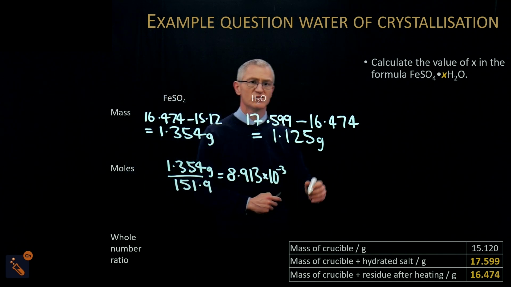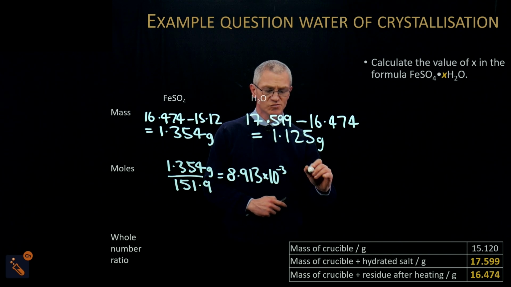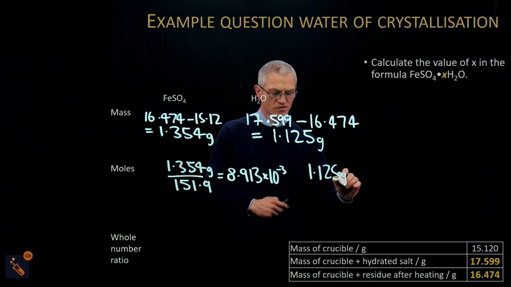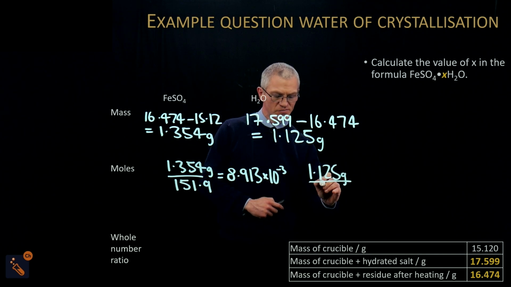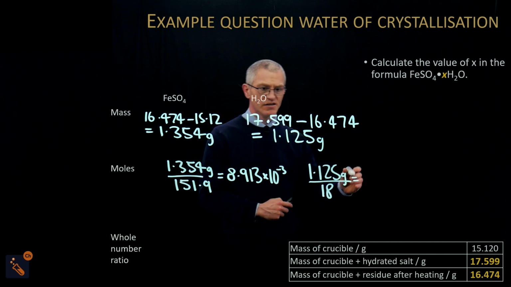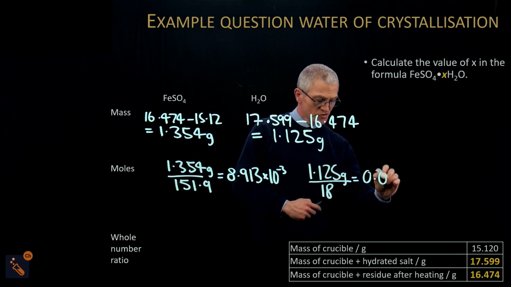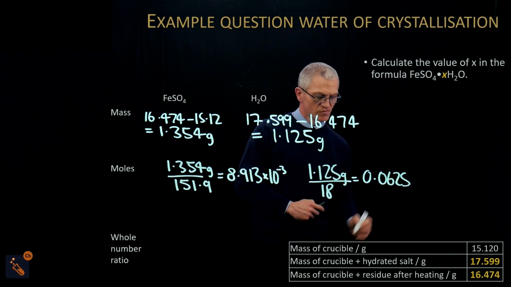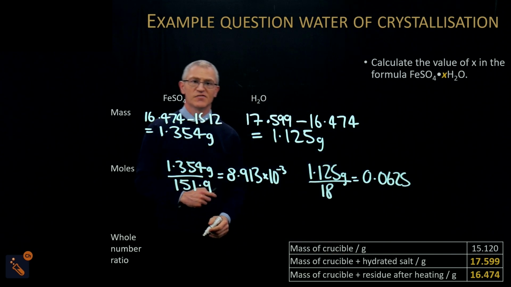We then go on to the water, and that will be 1.125 grams divided by 18, and you'll get from that 0.0625. Okay, so we have moles now.